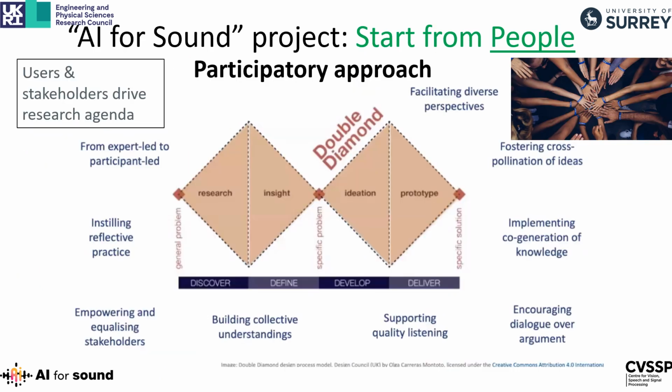So we are following a participatory approach which starts from the people. Here users and stakeholders drive the research agenda rather than the engineers or experts. In the first stage of the project, if you're aware of the double diamond, it is about discover, define, develop, and deliver to solve any engineering problem.